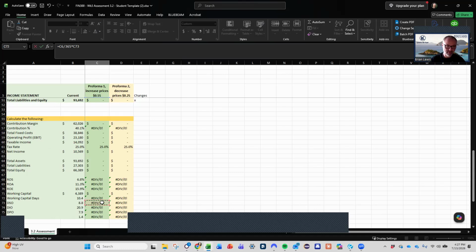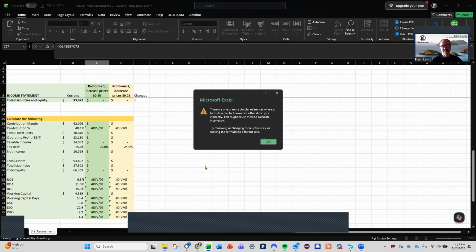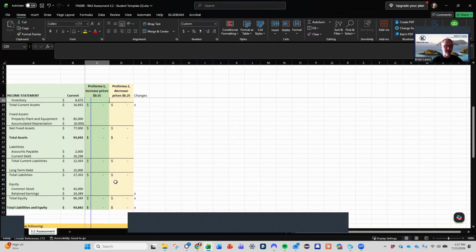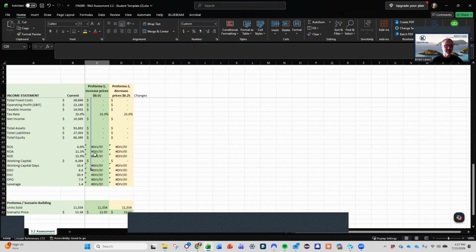That's the formula. I know it's going to make a circular reference. It's okay. Now all I've got to do is come down here. Instead of this being a formula, I make this be the number that's in B72, and I do the same thing, F2, then E plus that right there. Now I've got a fixed number.